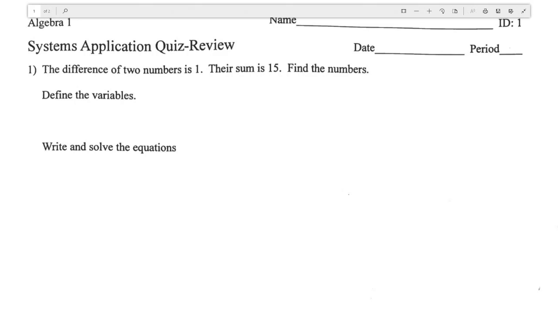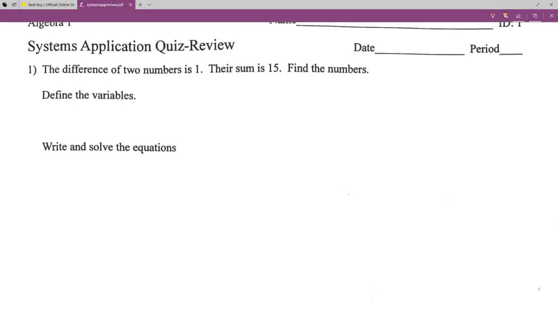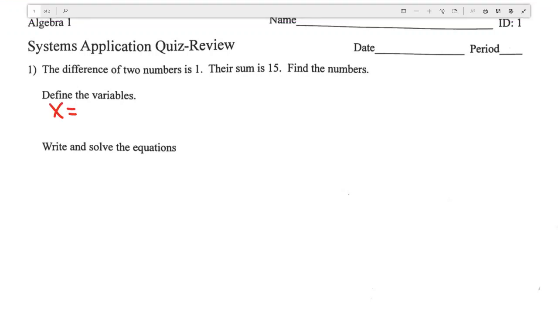So this first question: the difference of two numbers is 1, their sum is 15, find the numbers. All right, so in defining these variables, we can say that x equals one number and y equals the other number.